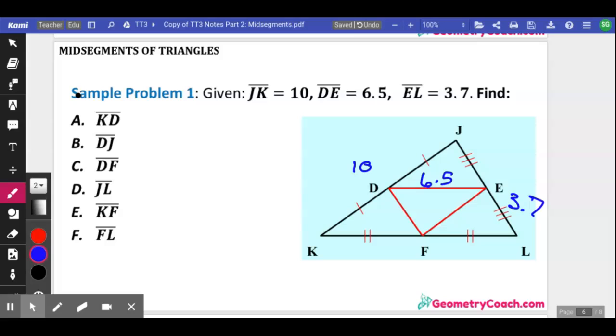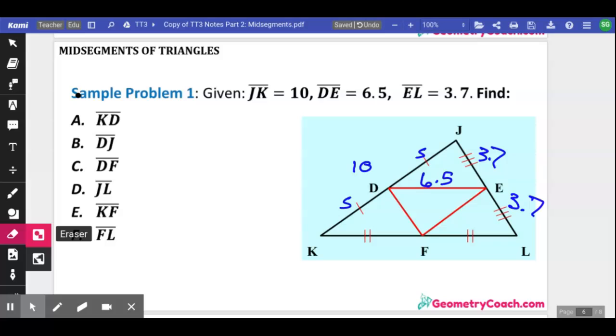Okay, I'm going to start with this 10. It's the whole segment, and we can split that into 5 and 5. The 3.7 over here is half that segment, so it is the same on the other side. And then the 6.5, remember that a mid-segment is half of the opposite length. So I know that this KL is going to be 13.